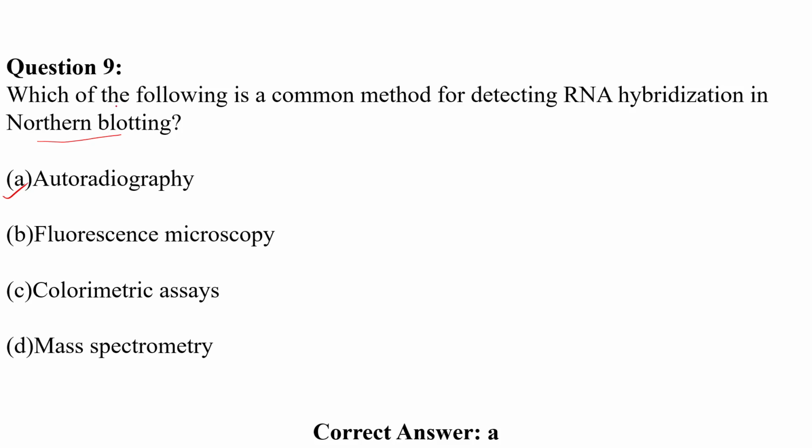That technique was used to check the expression level of the protein, whether the protein is expressed or not, and how much the protein is getting expressed, and so on.